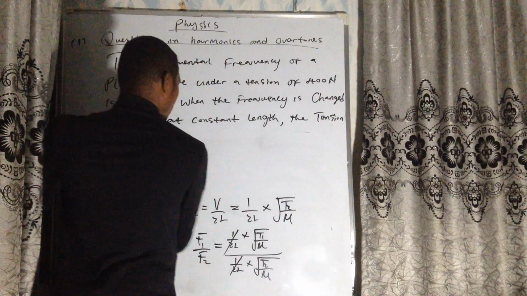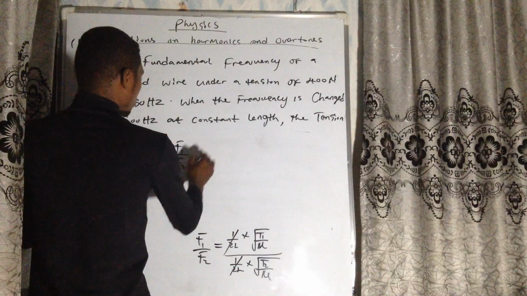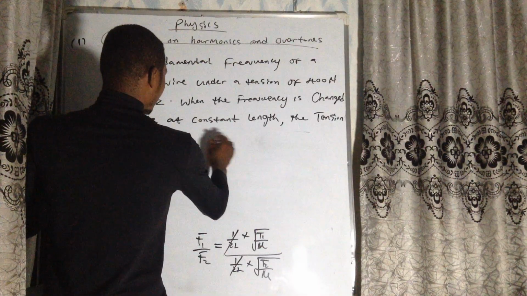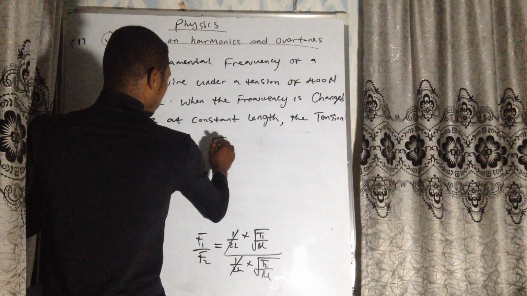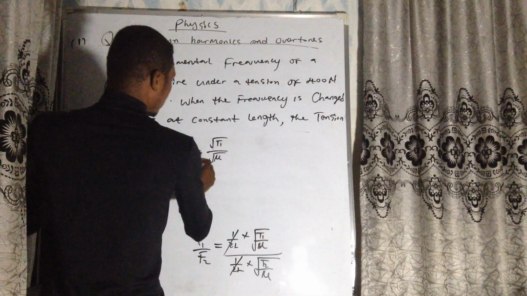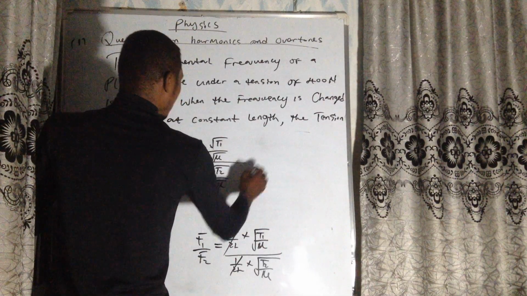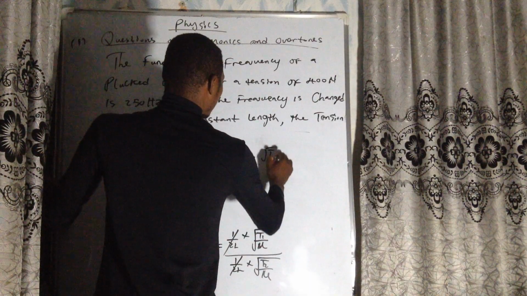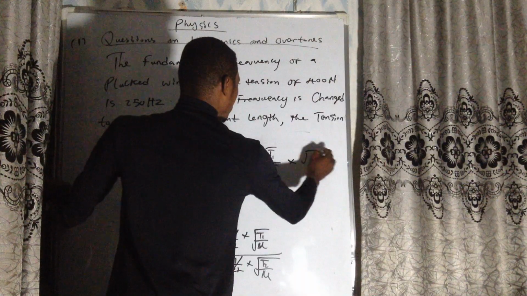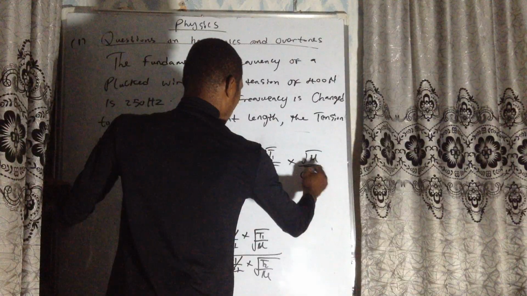So now we have F1 over F2 is equal to the square root of T1 over the square root of mu, all over the square root of T2 over the square root of mu, which is equal to root T1 over root mu times root mu over root T2.